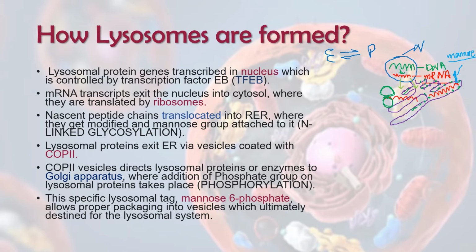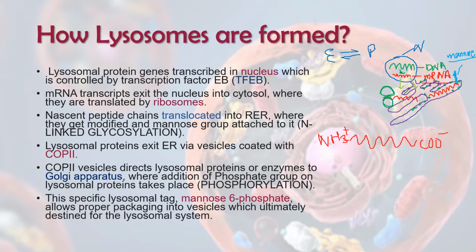Let me draw this again. Suppose this is our protein, and we know that protein has two termini. The first one is the amino terminus, or N terminus, and the other one is the carboxy terminus.